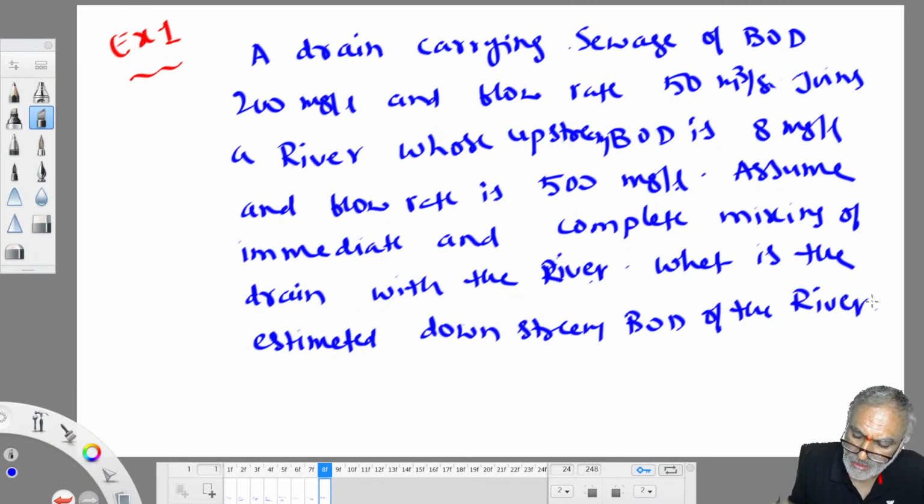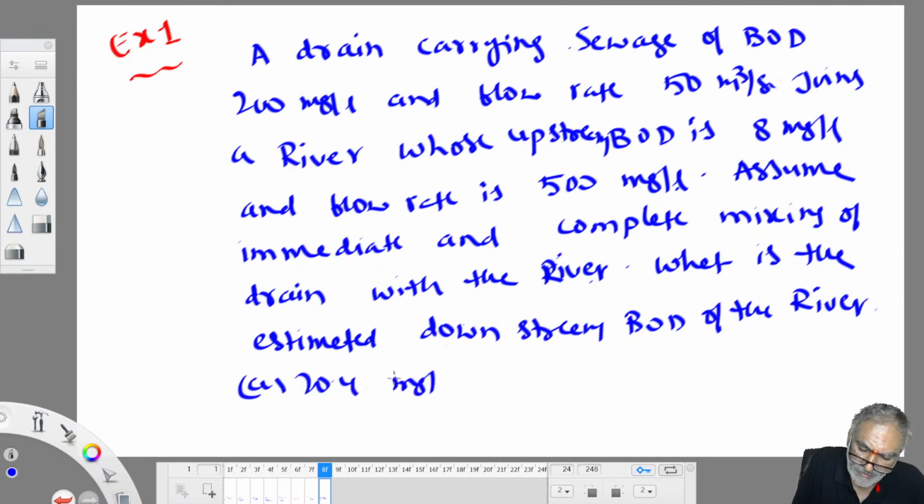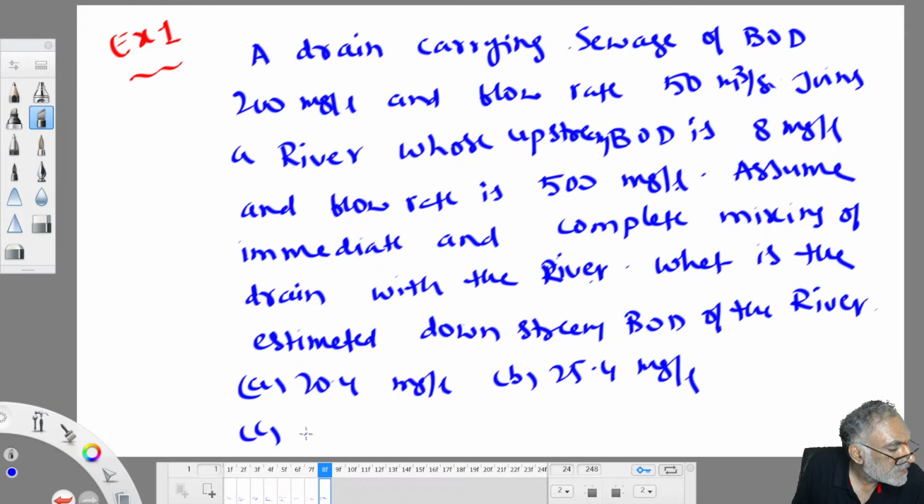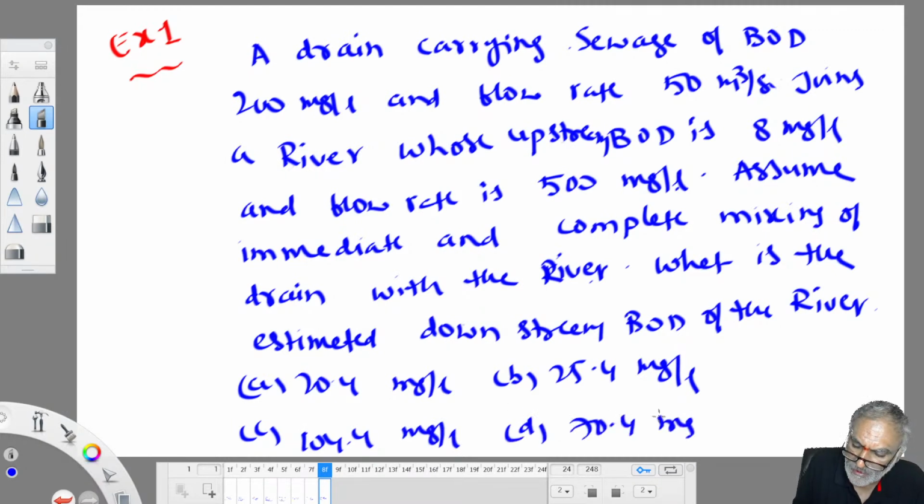D/S means downstream and U/S means upstream. Come on, work out. He has given options: A, 20.4 milligram per liter; B, 25.4 milligram per liter; C, 104.4 milligram per liter; D, 70.4 milligram per liter. Come on, work out. Give me the answer.